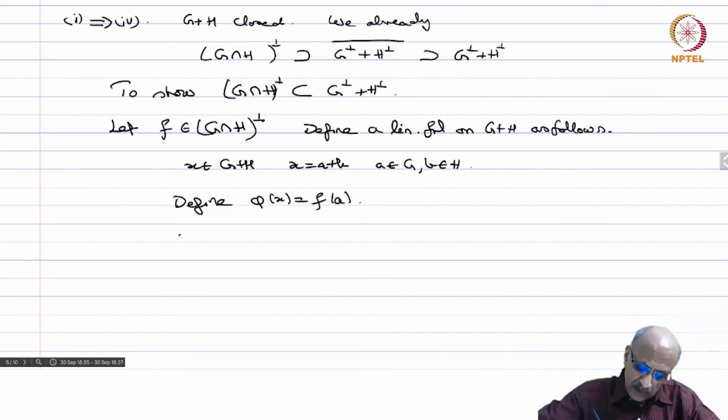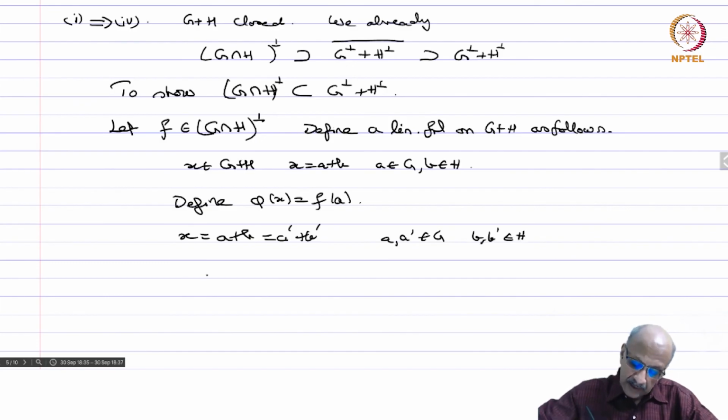So if x equals a plus b equals a dash plus b dash, where a, a dash are in G, b, b dash are in H, then a minus a dash equals b dash minus b.